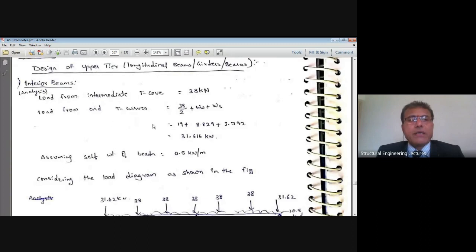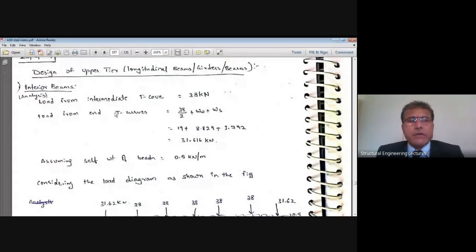Now I'll take the interior beams and calculate how much load is coming. I'll calculate the load from intermediate T stiffeners. We have seen in previous calculations that the load on each T stiffener worked out to 38 kilonewton.